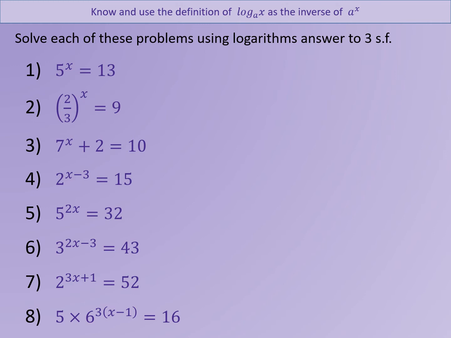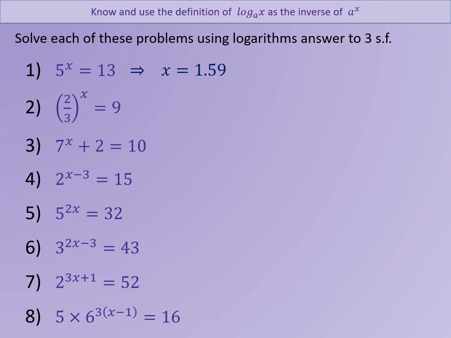Okay, so number 1, if we were to convert that into a logarithm equation, we would have x equals log to base 5 of 13. And if you work that out on your calculator to 3 significant figures, all of these answers, 1.59.